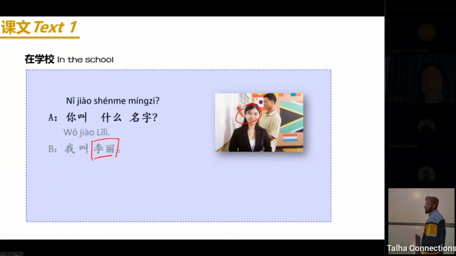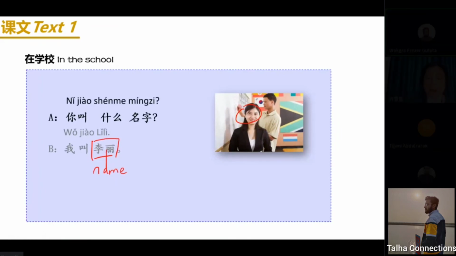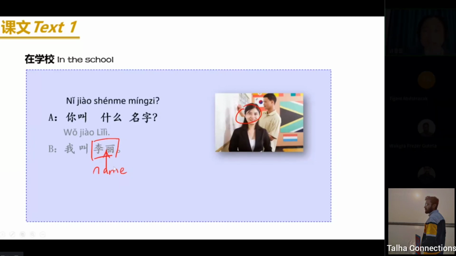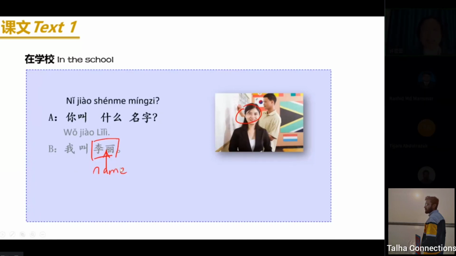So here, 我叫 and one's name here. 你叫什么名字? Very good. So I'll tell you. 叫 Mamunat. Oh, very good. 非常好. And later, when you learn more Chinese characters, you may pick some Chinese characters as your Chinese name.